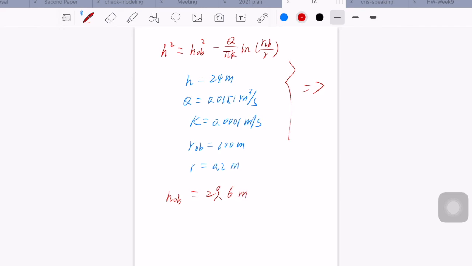So the drawdown should be equal to 30.5 meters, the depth of the unconfined aquifer, minus the head at the observation well, 29.6 meters. So the drawdown is 0.9 meters. So we finished this problem.